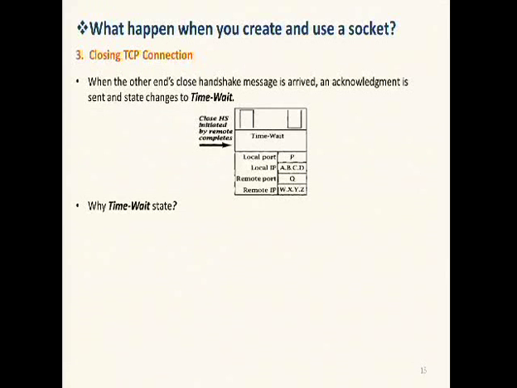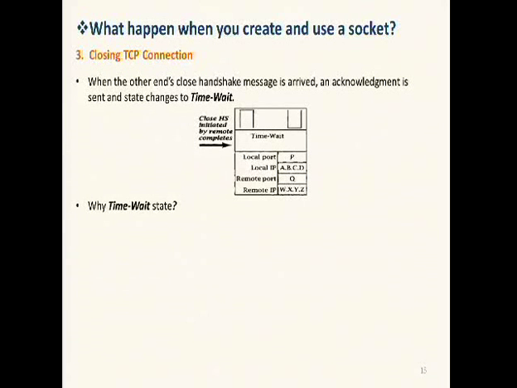A little bit close. Because of the delay in the network, there might be packets still in the network. If you destroy this right away, the port number of this socket will be assigned, if someone creates a new socket, to that new socket. And if that delayed packet came in, it will go to the newly created socket by the old port number.